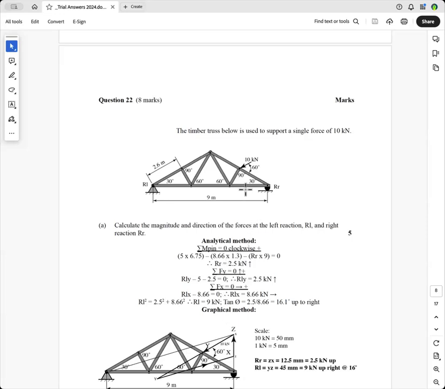So what you've got to do is, we'll do it analytically first, and then I'll do the graphical representation. So here you have a pin, and you know that a pin can't resist a moment. So it will have horizontal and vertical component forces in it if you've got horizontal and vertical forces acting. But this one here is a roller or a slider.